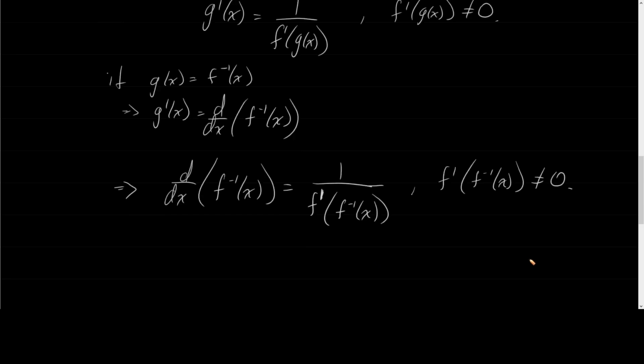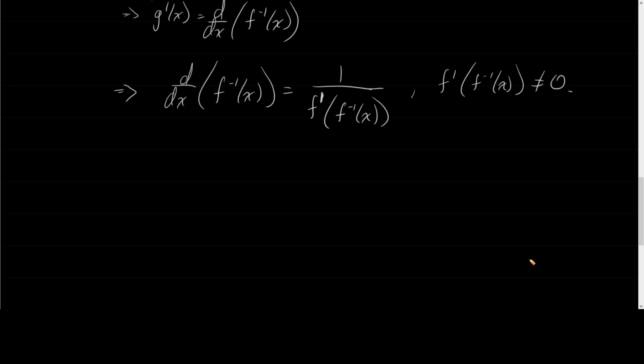All right, let's do a proof for this statement real quick because it is a very quick proof. So if I have a function and its inverse, recall that if I compose them with each other, I'm supposed to get just x, right? That's just the definition of a function and its inverse.